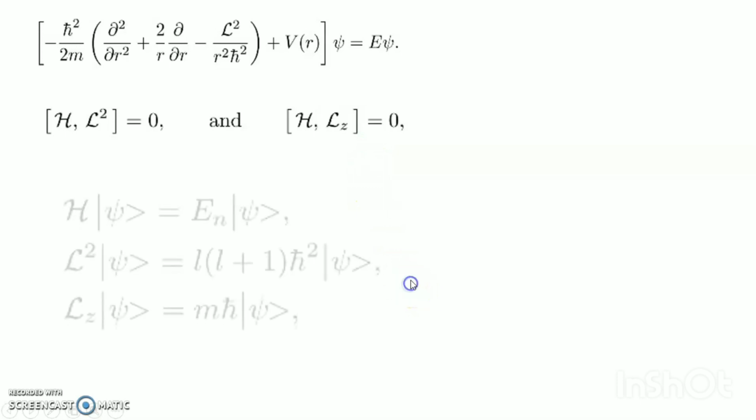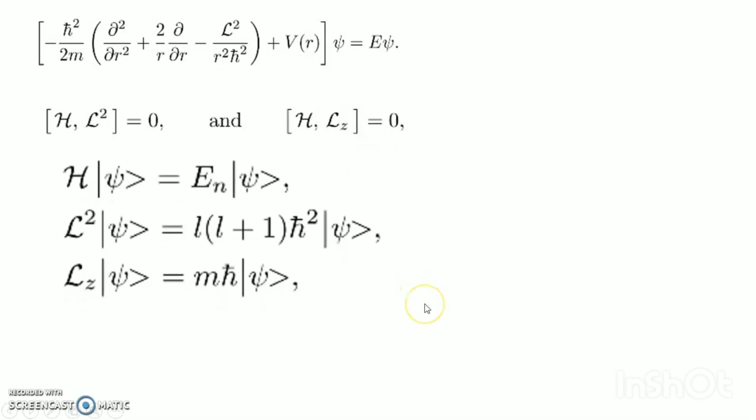We have the eigenvalue and eigenvector equations, because the time-independent Schrodinger equation is the eigenvalue equation for the Hamiltonian operator. Then the equations are Hψ = Eₙψ, L²ψ = l(l+1)ħ²ψ, and Lzψ = mħψ.